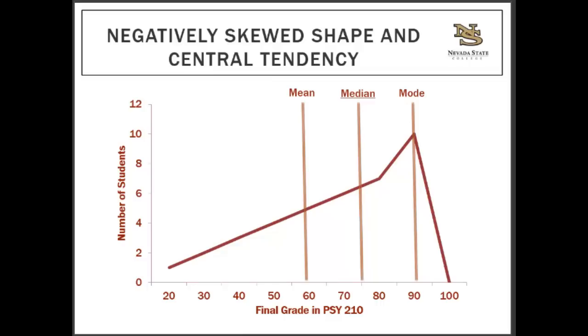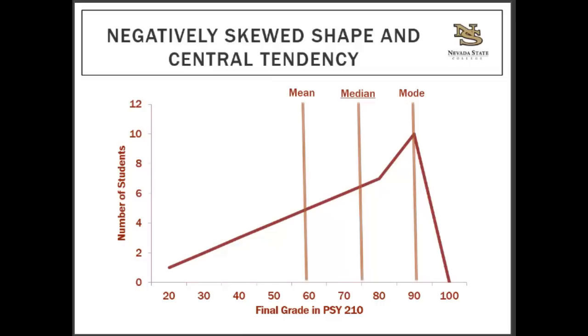So much like with the normal distribution, you can predict what the shape would look like without actually drawing it out based on the values for your measures of central tendency. If your mean is lower than your mode, then you know that you have a negatively skewed distribution. That's because those outliers on the low end are biasing the mean towards it.